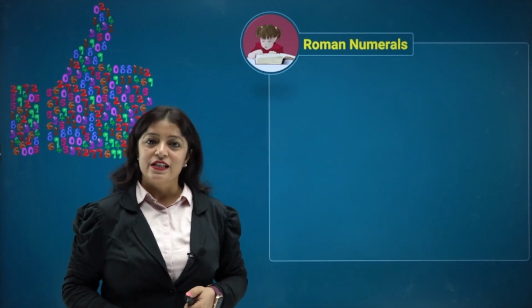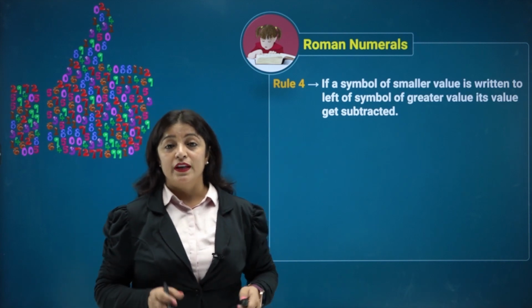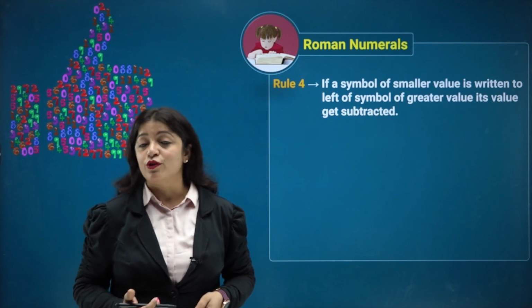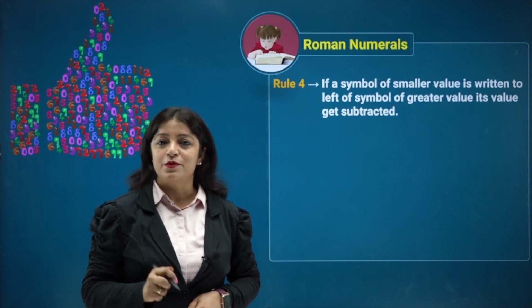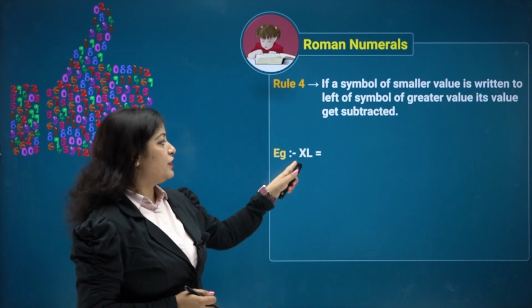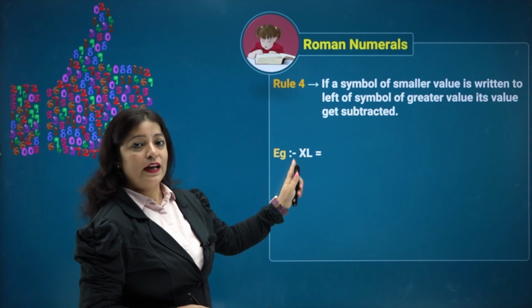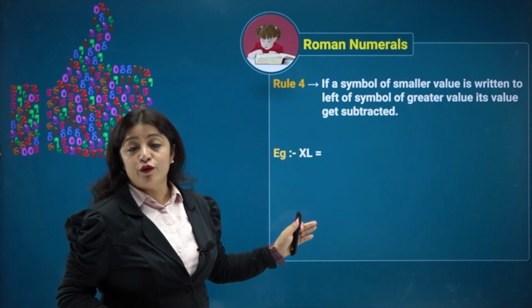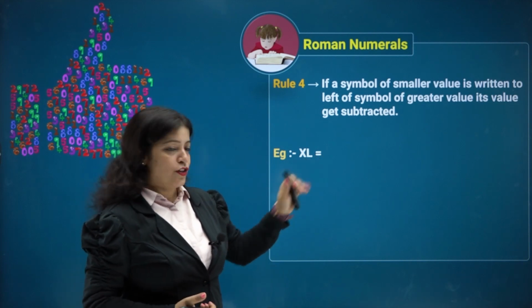Now let us see the next rule, number 4 here. In rule 4, if a symbol of a smaller value is written to the left of the symbol of the greater value, then its value gets subtracted. For example, if it is written XL. Now here X stands for 10 and L stands for 50. Now 10 is written before 50, so the smaller value is written before the larger value.